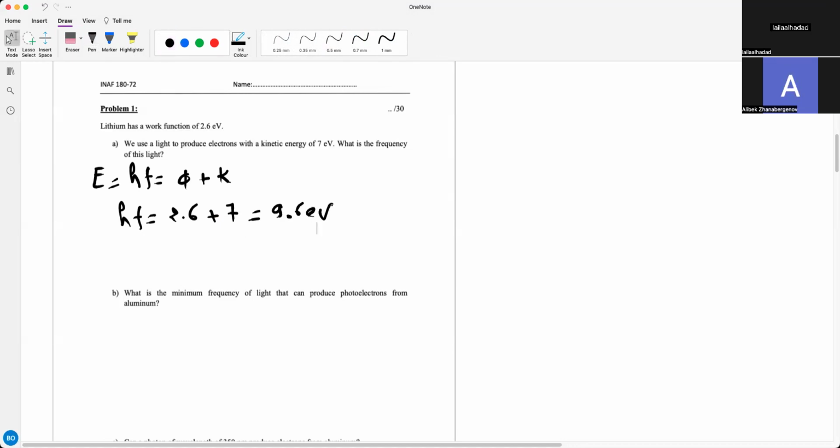This is the energy of light. We are asked about the frequency. How can we find the frequency? Now, hf is equal to 9.6 electron volt.